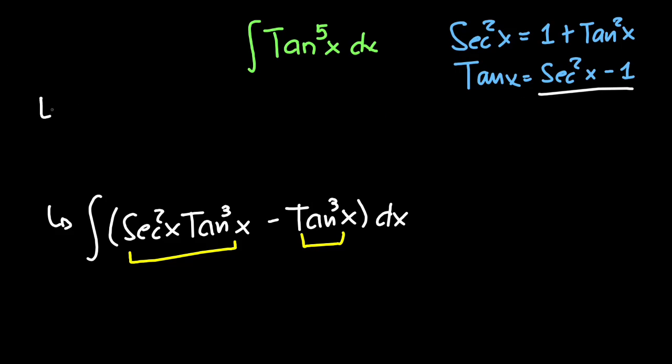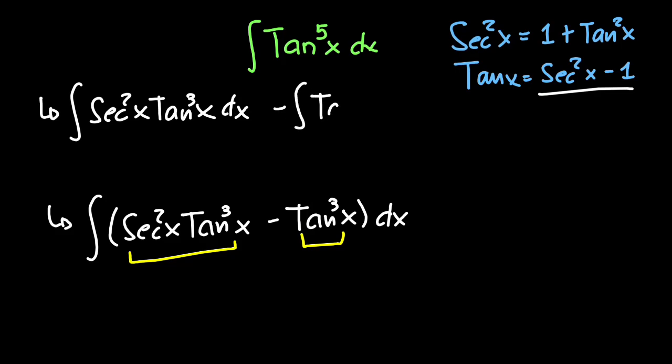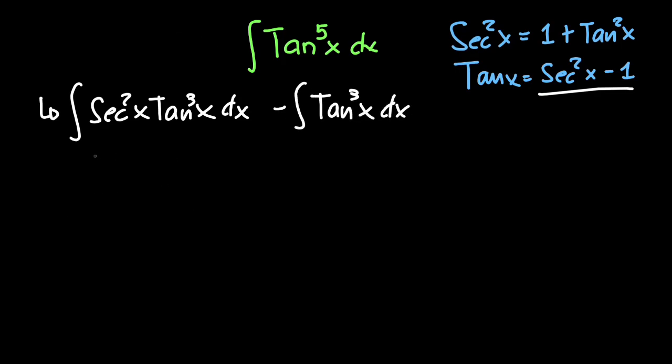The first part would be the integral of secant squared of x tangent cube of x dx minus the integral of tangent cube of x dx. Let us focus on this first part.